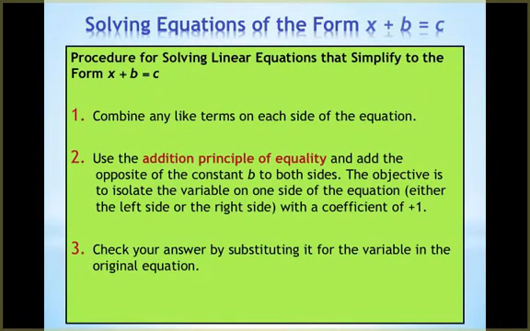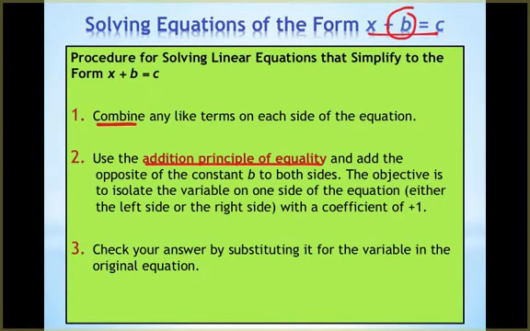Now we're going to look at some general guidelines for how to solve equations when they're in the form of x plus b equals c. The first thing you want to do is see if you can combine any like terms on each side of the equation. Then we're going to use our addition principle of equality to add the opposite of whatever our constant b is to both sides.